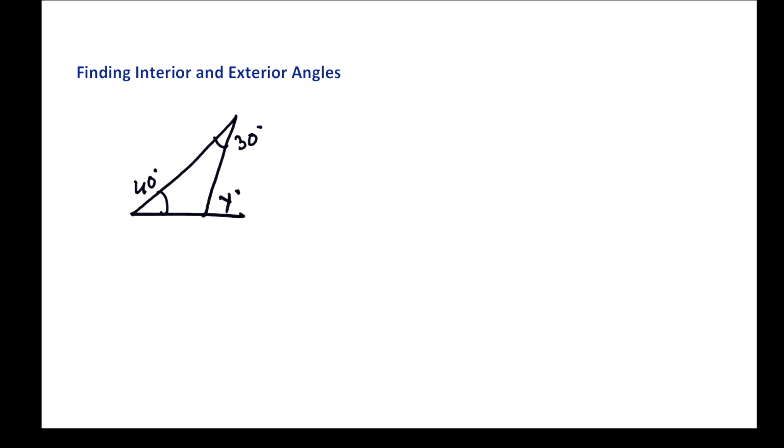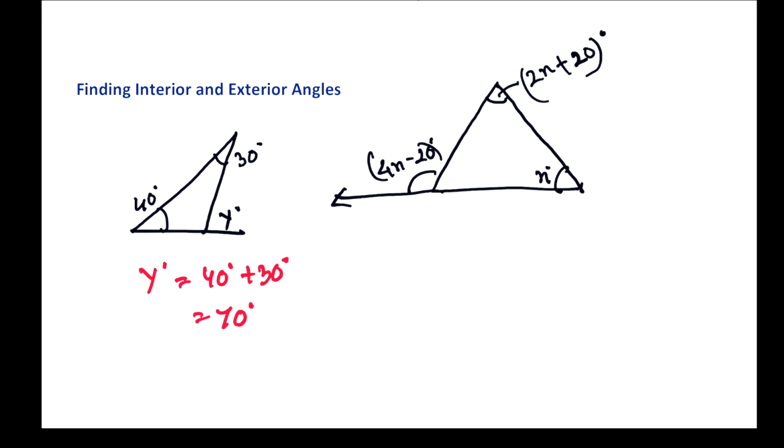So here y will be 40 degrees plus 30 degrees, which is equal to 70 degrees.